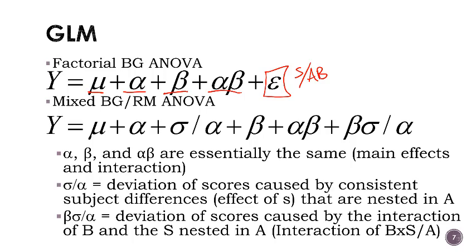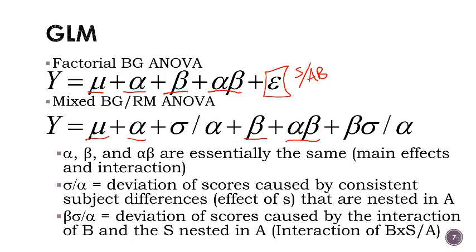In a mixed design, all the effects outside of error are the same. You still have mu, you still have alpha, the effect of A, whatever that effect is. You have beta, and you have the interaction.